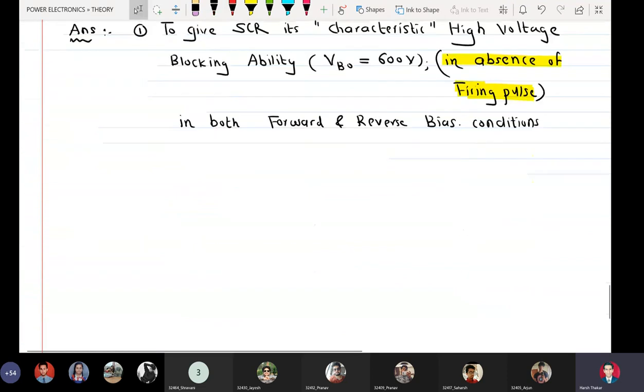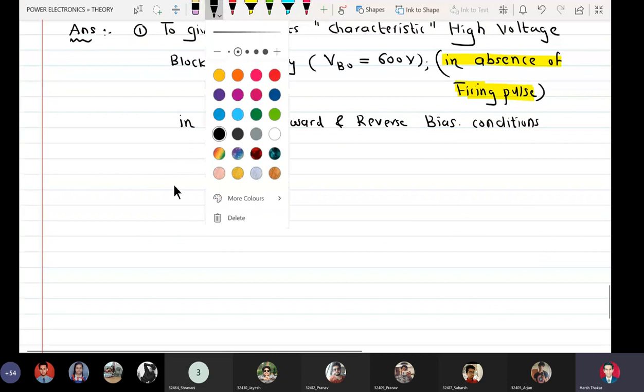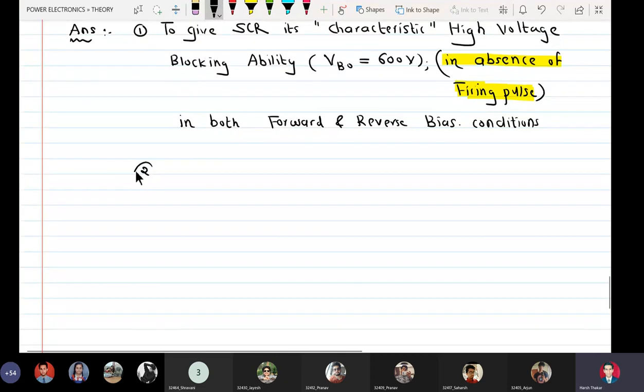Okay, and the second reason is, this is the reason actually. Another reason actually can be told here, but then we have to explain the concept of space charge layers. That is the depth or the extent to which the depletion region extends into a semiconductor doped region depending upon its doping concentration.